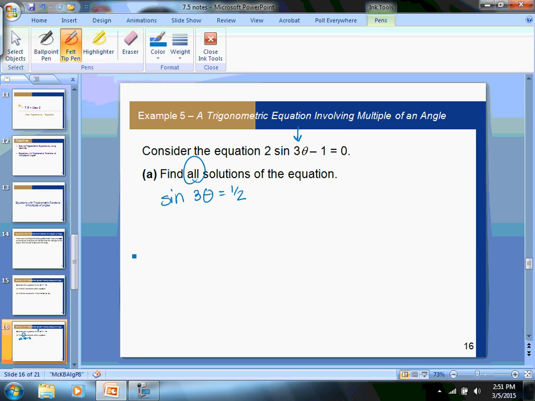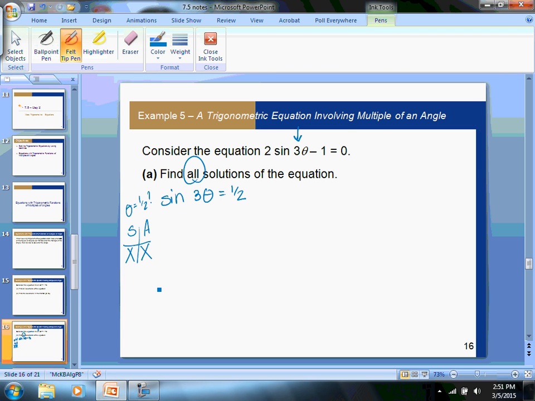Now, I'm just going to think of this 3 theta just like a theta for a moment. Where is sine equal to 1/2 on my unit circle? And it's sine, so I need all students not taking calculus.